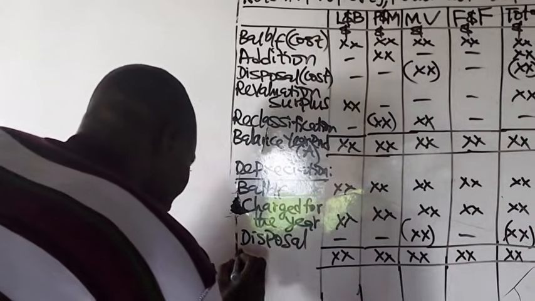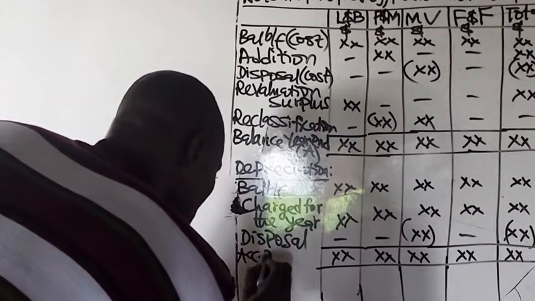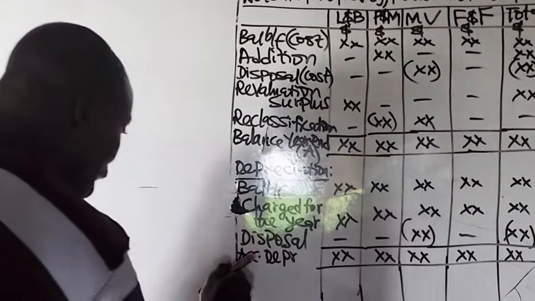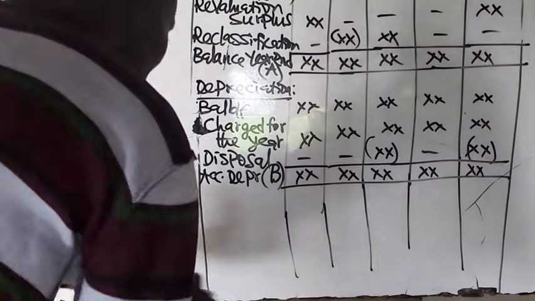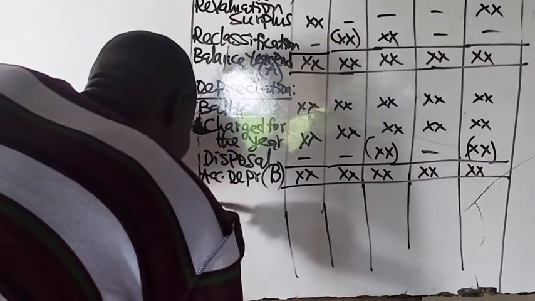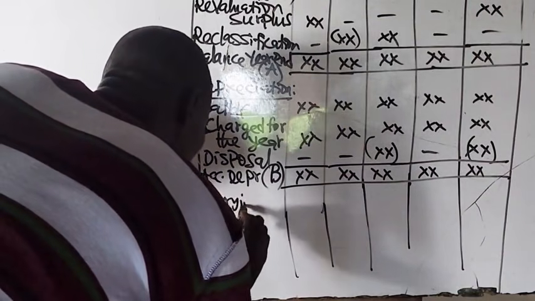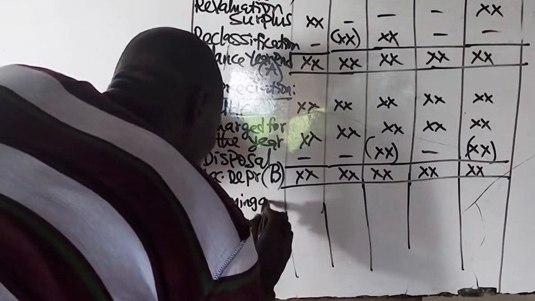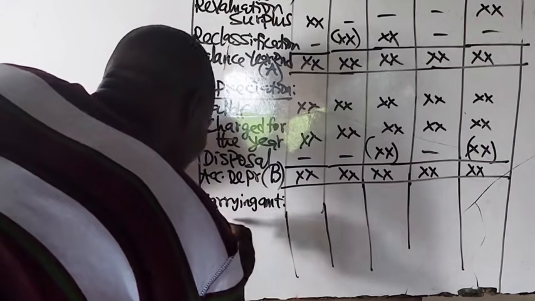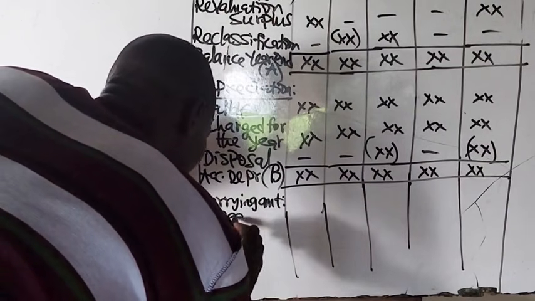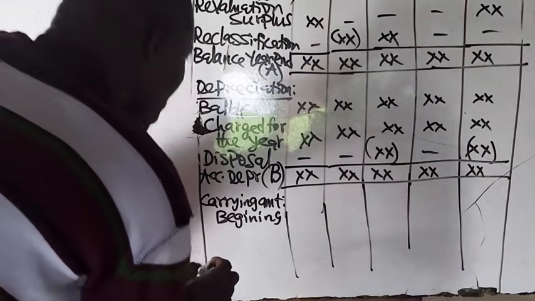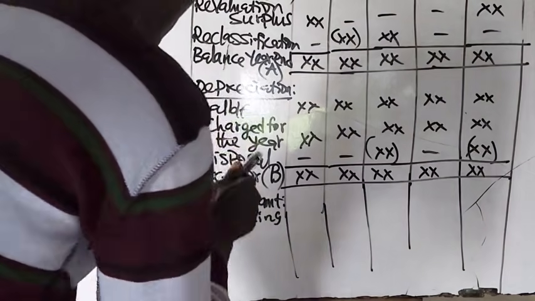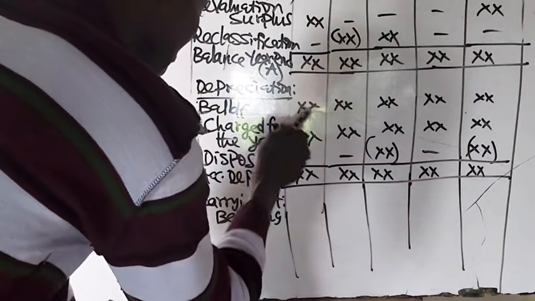This is accumulated depreciation. Let's have this as B. Then you have carrying amount. Carrying amount at the beginning. The carrying amount at the beginning will be cost at the beginning less depreciation at the beginning.